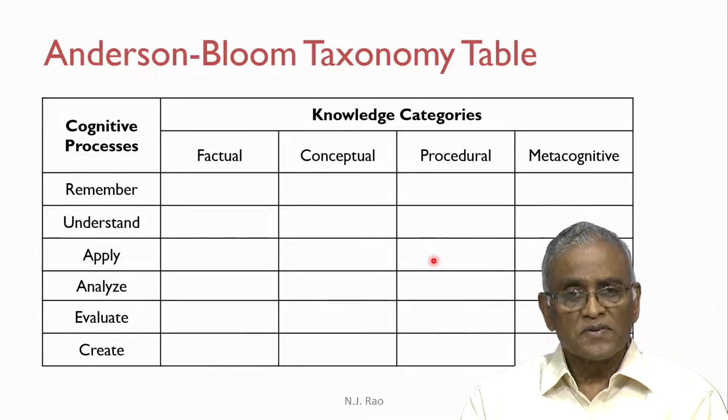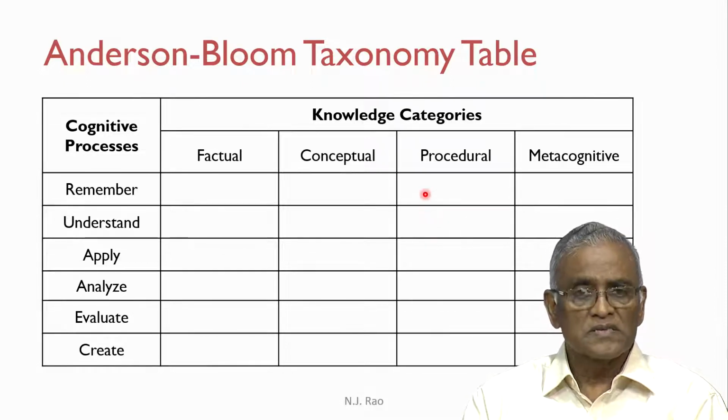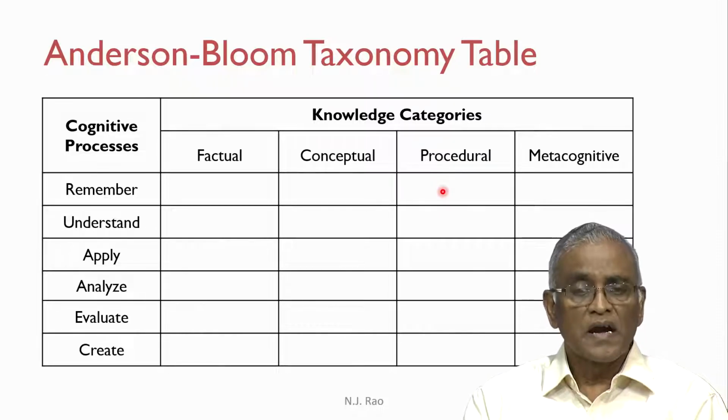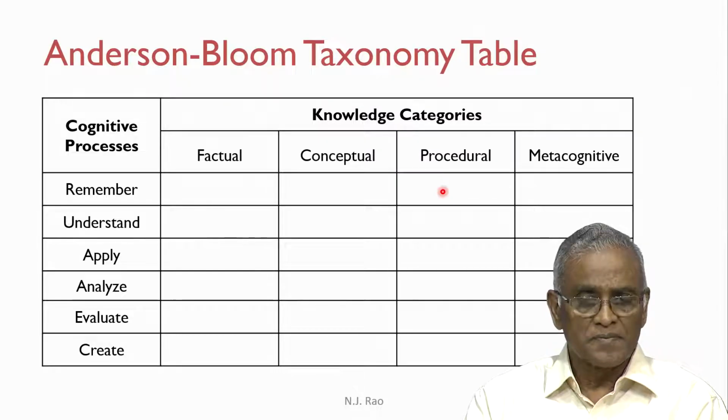That is, I do not have to separately identify these as cells of our concern. If I identify an activity here, then it can be expected that all the activities related to these 4 lower level categories are implied. I do not have to separately identify them.